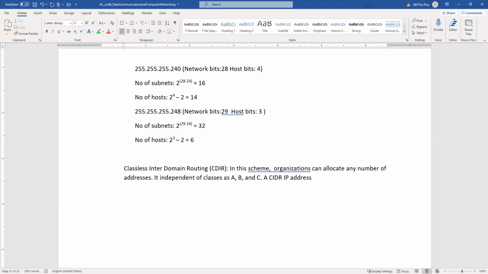This address consists of an IP address with a number separated by a slash.